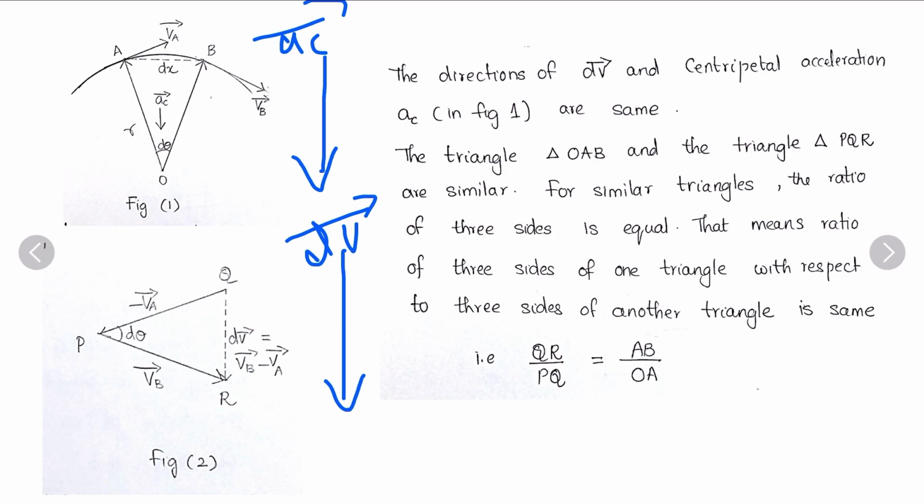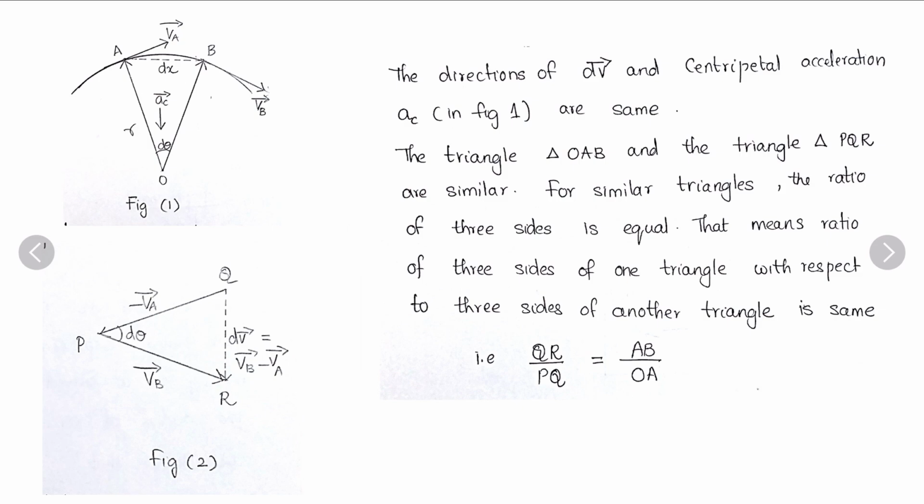So the triangle OAB and the triangle PQR are both similar. For similar triangles, you already know from mathematics, there are certain rules, like side angle side. If the ratios are the same, we call them similar triangles.